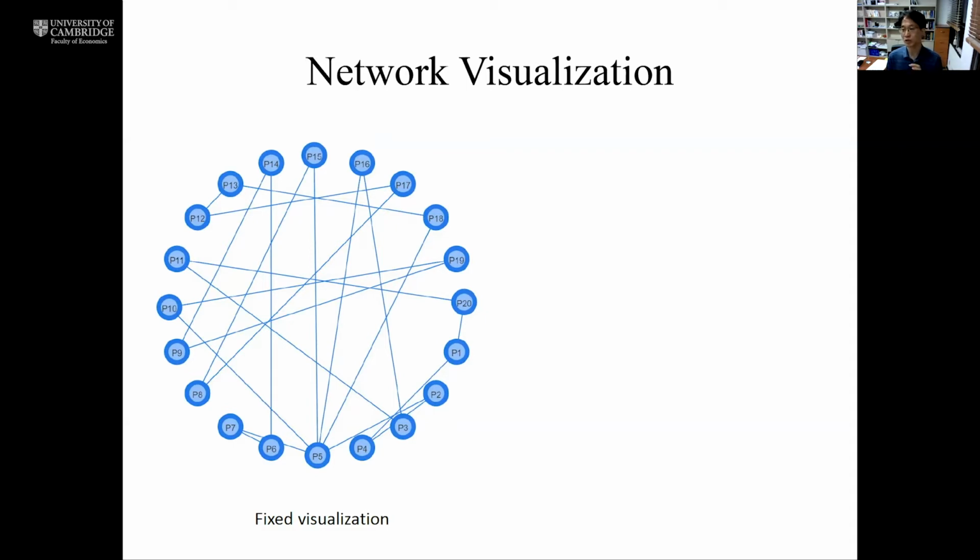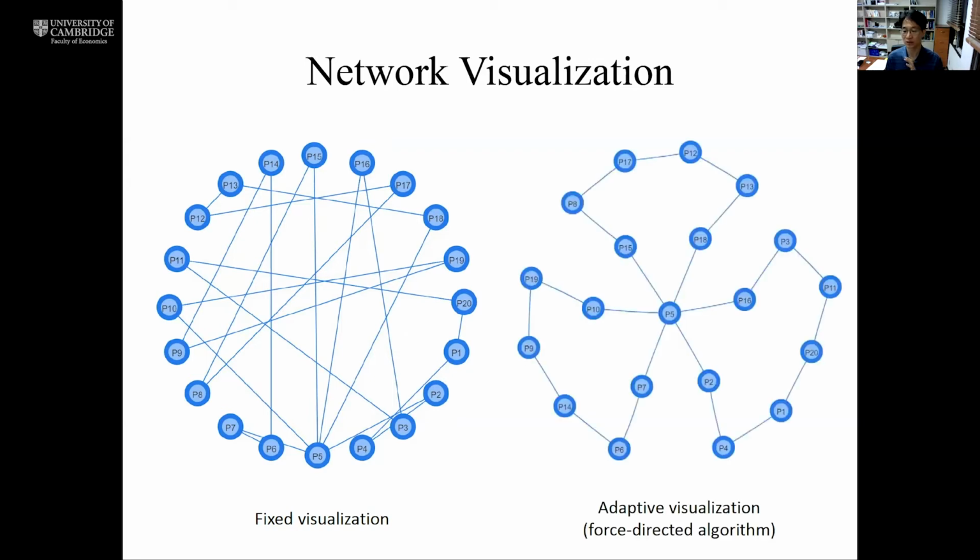What we do in our experimental platform is we adopt an adaptive visualization tool using the force-directed algorithm that has been well studied and well developed in the network science literature.